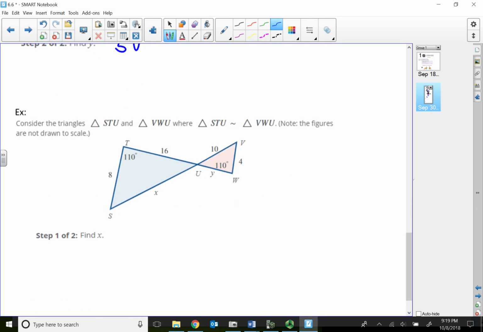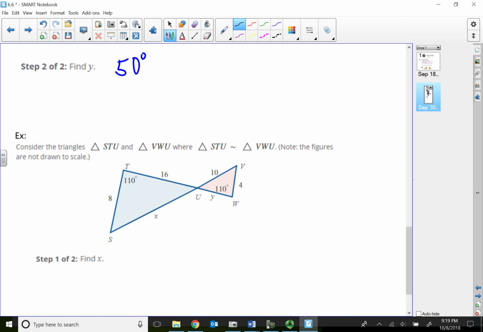Find X. I don't know if y'all remember from a previous video, when two lines intersect at one point, the angles that are facing each other are called vertical angles. So I know the two triangles are similar, and I also see two lines intersecting at one point here, so this angle corresponds to this angle.